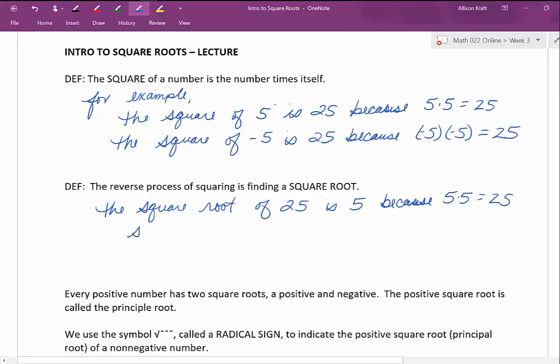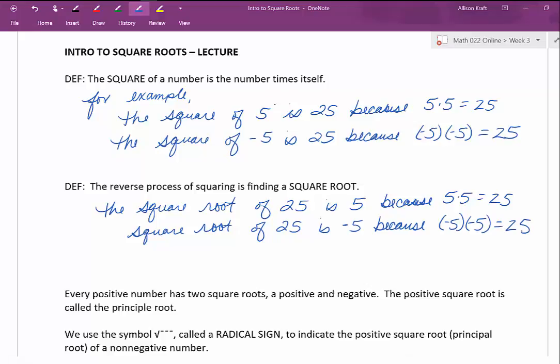And the square root of 25 is also -5 because -5 times -5 is equal to positive 25. Every positive number has two square roots, a positive and a negative.